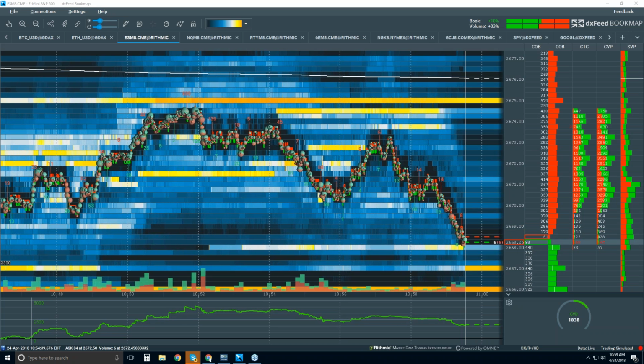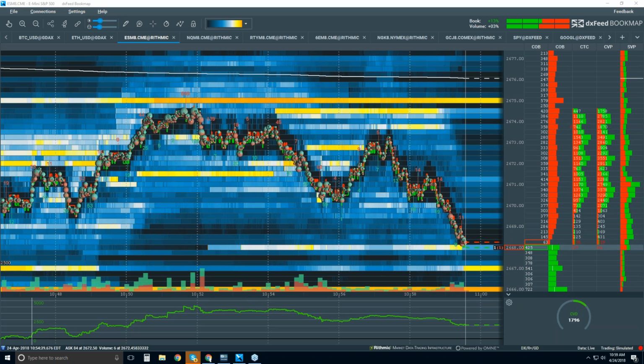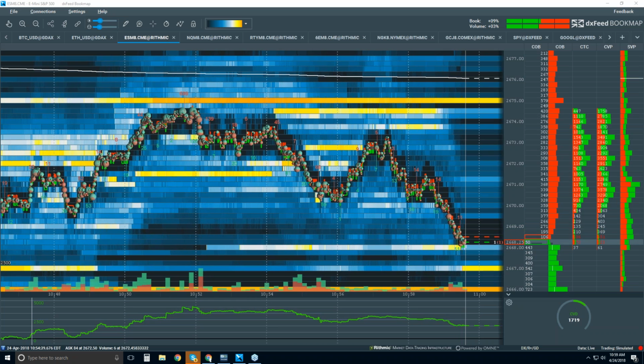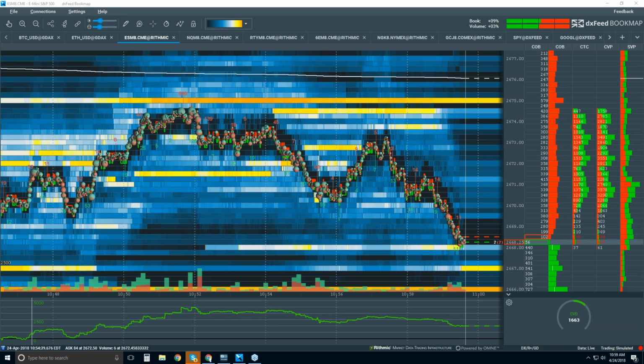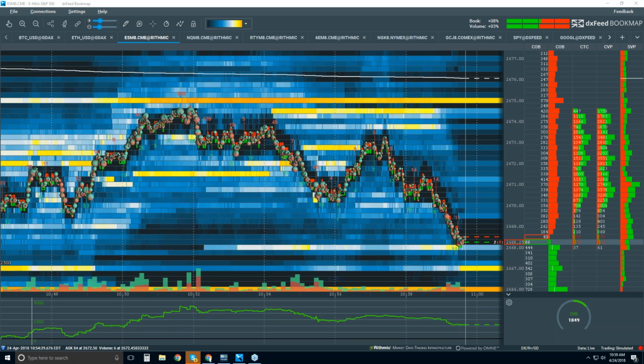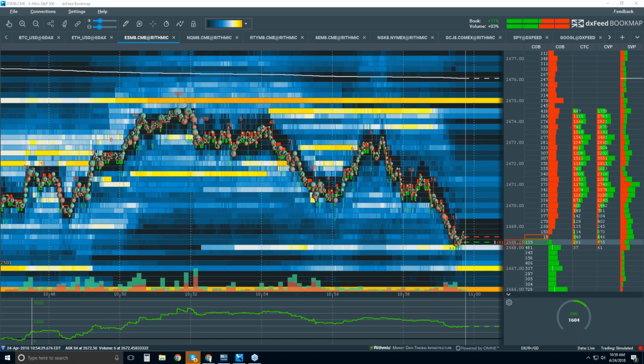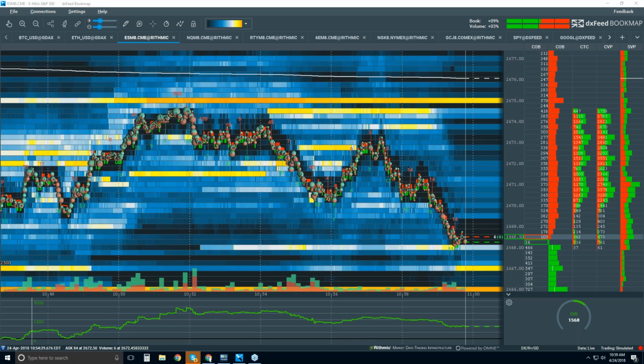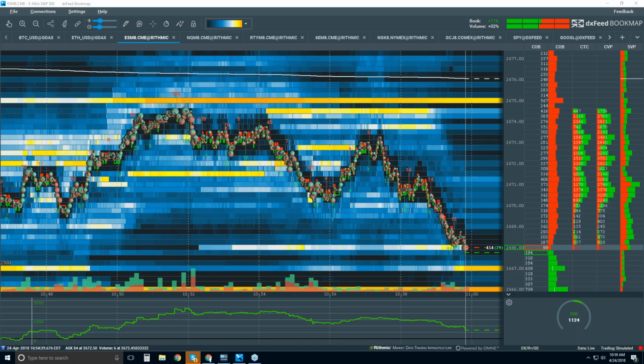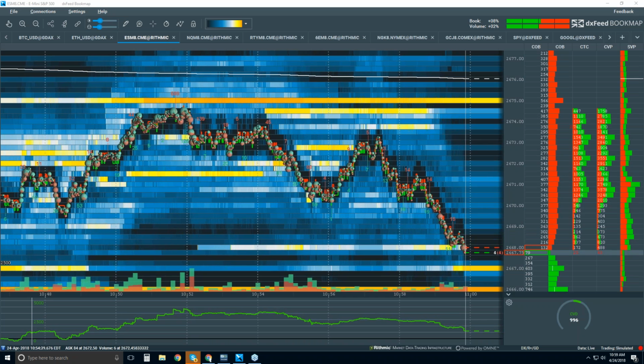Number two is that Rithmic offers two simultaneously connected platforms from the same machine, which is nice. So if you have another charting platform up, you can run Rithmic on that platform as well as Bookmap.